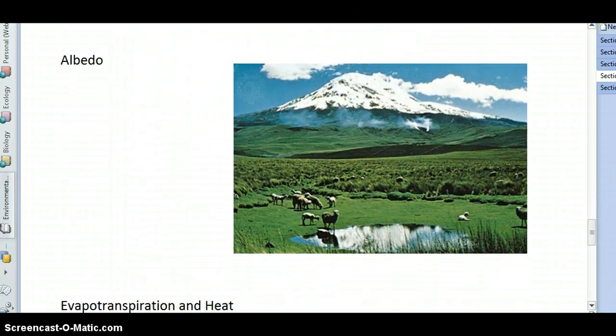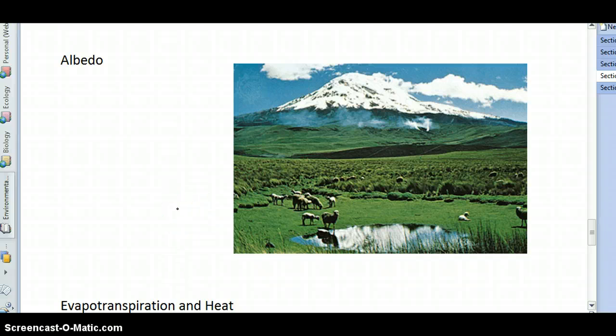Albedo, this is the degree to which a surface reflects light. And so, again, here's Chimborazo, our picture from Ecuador. You have pretty dark surfaces down here, and so this grassy area will tend to absorb lots of light.